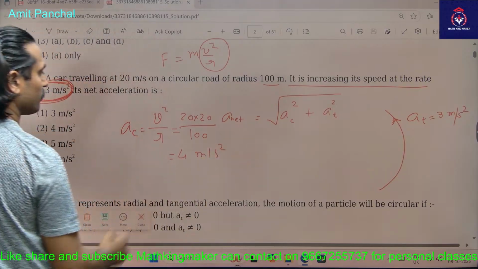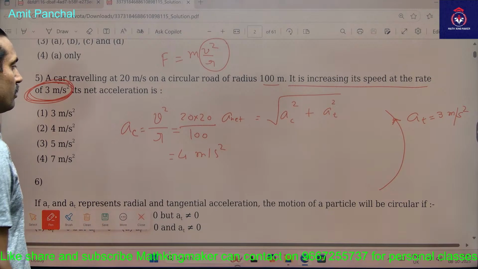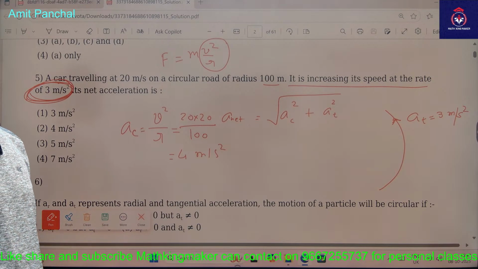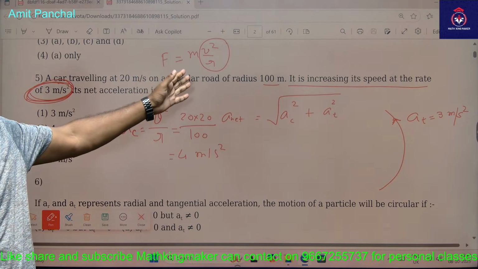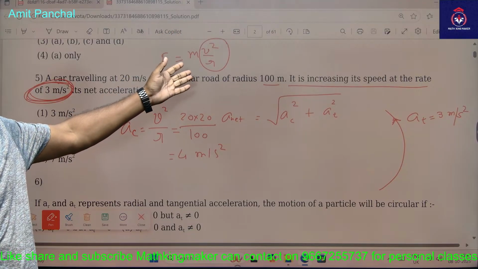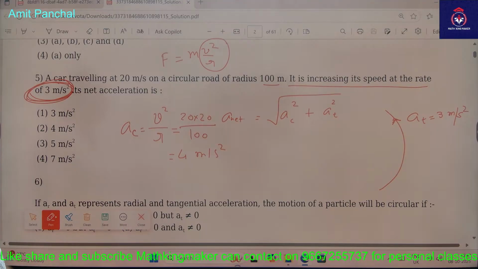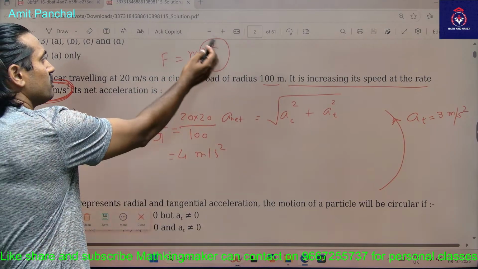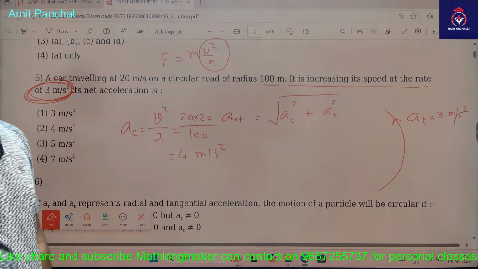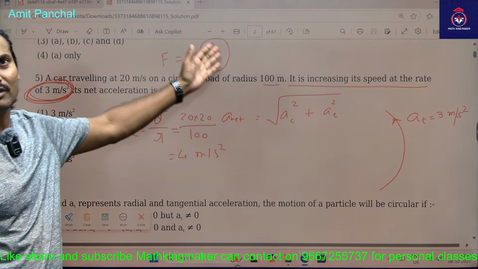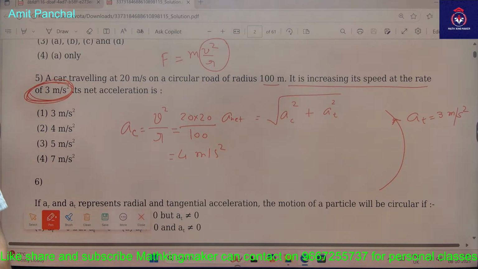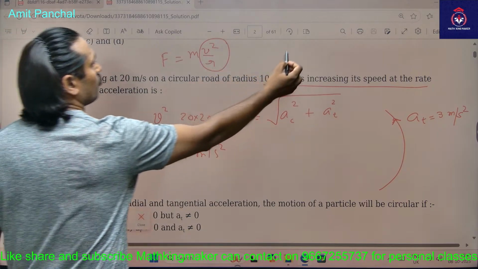But when did we learn this formula? Once we learned centripetal acceleration, where did it come from? It came with the centripetal force. Centripetal force is mv square by r. So once mass is multiplied with the acceleration, it becomes force. What is force?